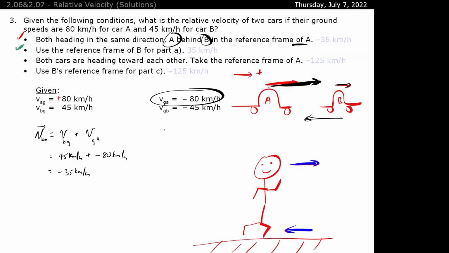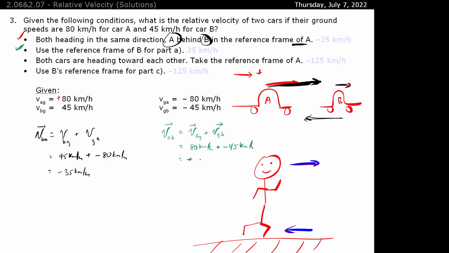For the next part, this time around it's VAB. Okay, how fast is car A traveling relative to car B? So VAG plus VGB. All right, VAG is equal to 80 kilometers per hour, and VGB is equal to negative 45 kilometers per hour.